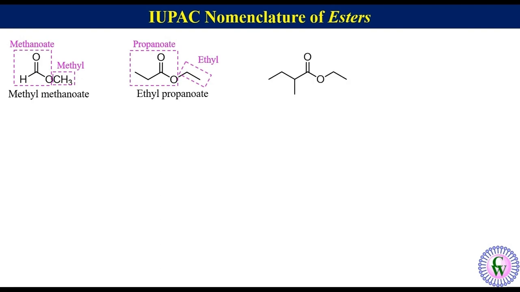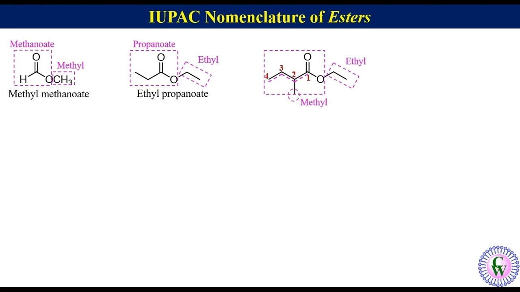Another example, here also R' is ethyl. The carboxylate part has a branched chain, so we will have to do numbering. The numbering will start from the carbonyl carbon, and it will be 1, 2, 3 and 4 like this. We can see that there is a methyl group at C2.